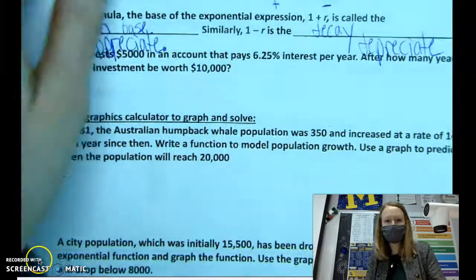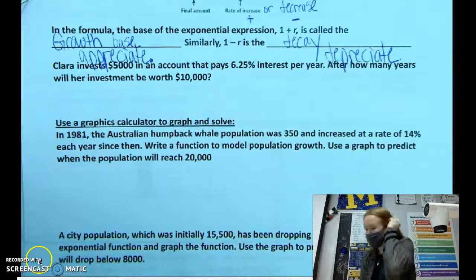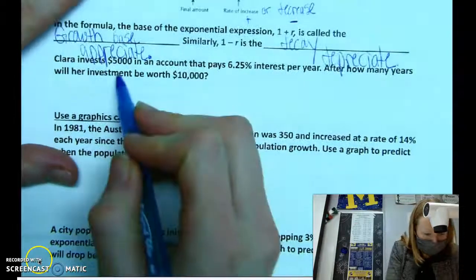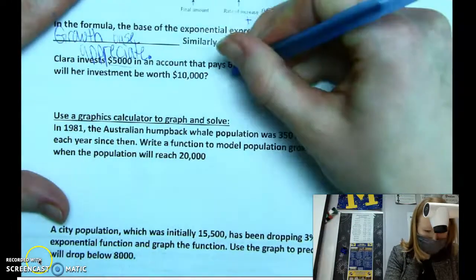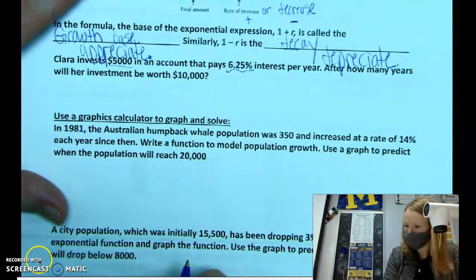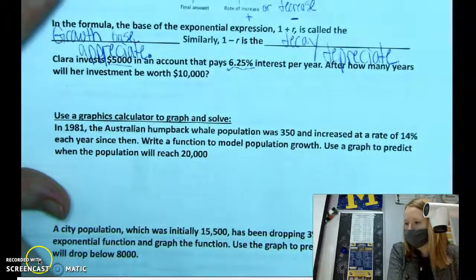So, the last real thing we're going to do for now is look at a situation: Clara invests $5,000 in an account that pays 6.25% in interest per year, then after how many years will her investment be $10,000?